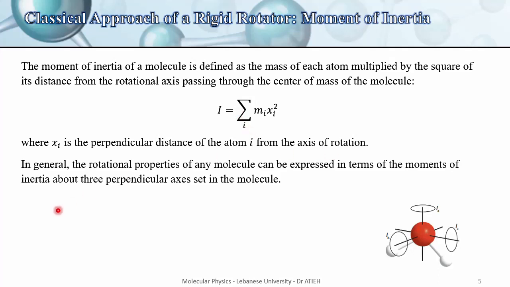Normally, three perpendicular axes can pass through the center of mass of the molecule in order to describe totally the rotation of a molecule. So in general, the rotational properties of any molecule can be expressed in terms of moments of inertia about three perpendicular axes set in the molecule. As you can see here, there are three perpendicular axes which describe the whole rotation of the molecule.